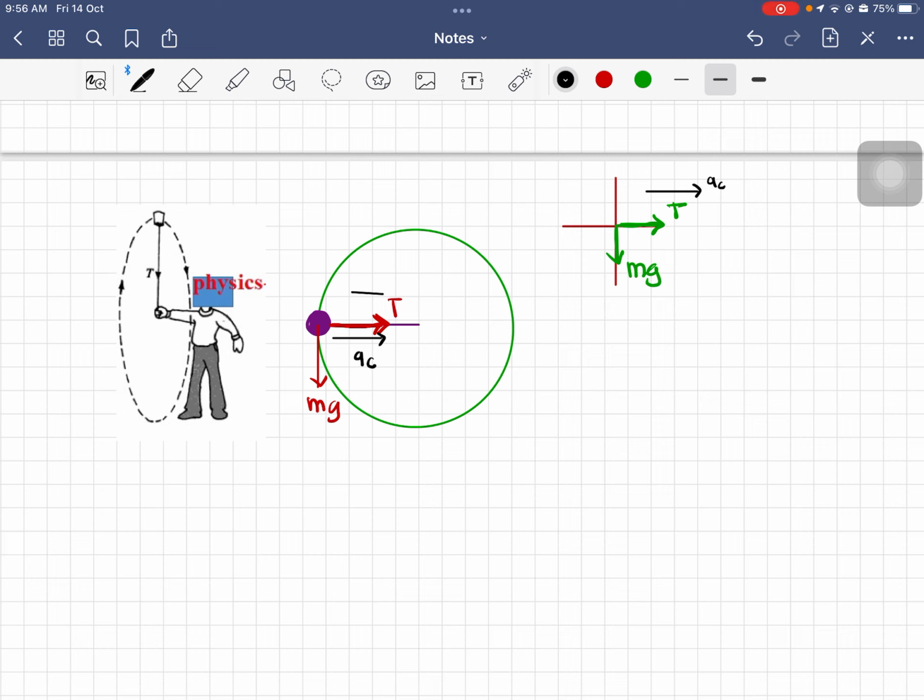What happened here? Looking here, your AC is in the X component. Therefore, your FC now is the summation of Fx. In the summation of Fx we only have tension.